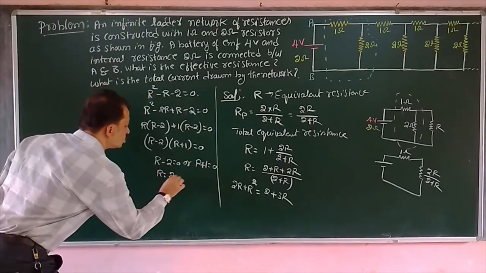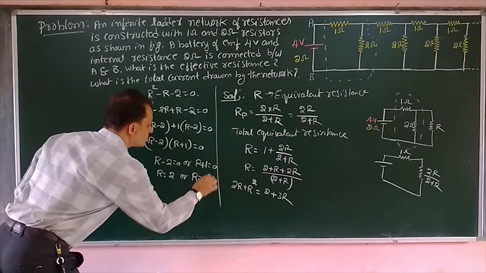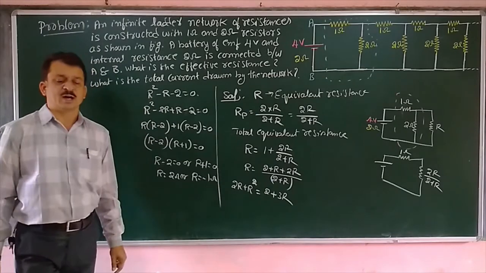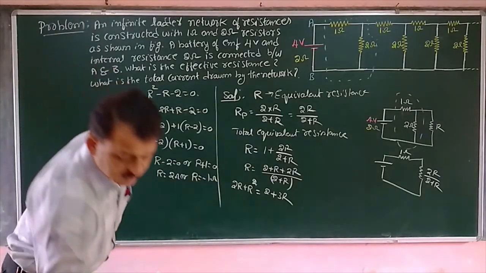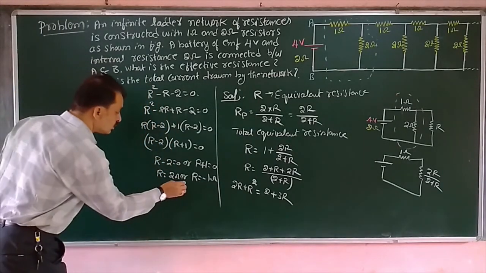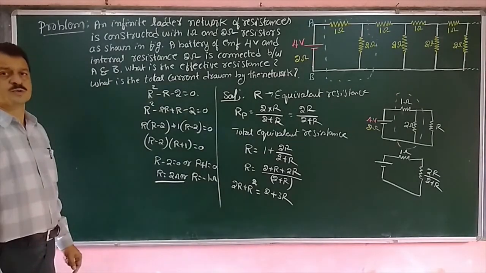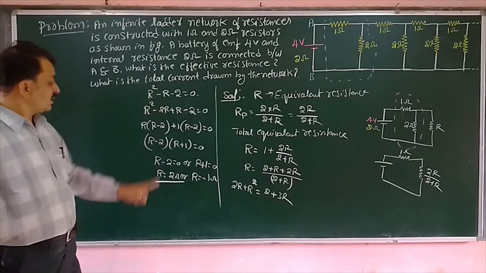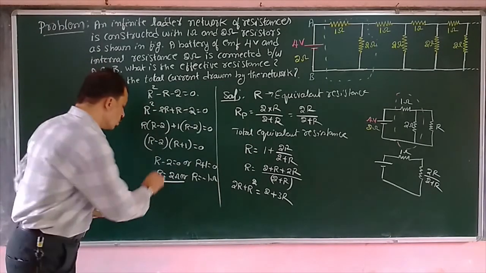Therefore R is equal to 2 or R is equal to minus 1 ohm. We are getting two values for R. Since R is positive, we will choose R is equal to 2 ohms. Therefore, the equivalent resistance of the entire infinite series is 2 ohms.